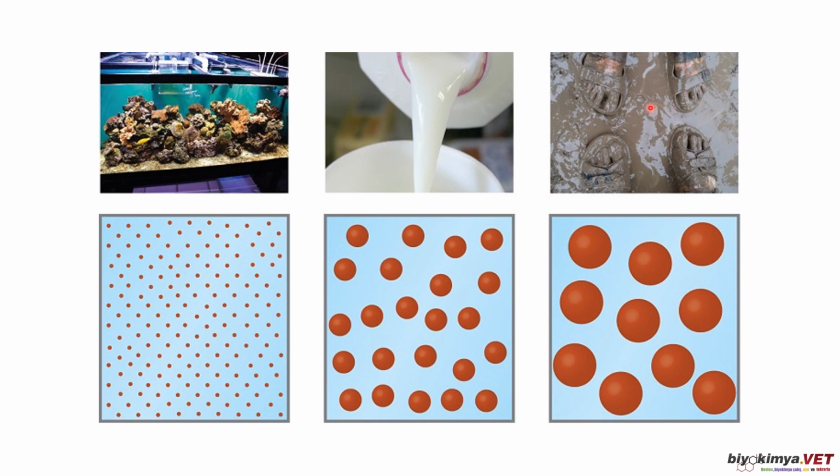And here is an example of suspension, mud, which is a heterogeneous mixture. Suspended particles look cloudy and particles can settle. And this is an illustration showing the particle diagram with below 10 fairly large spheres.